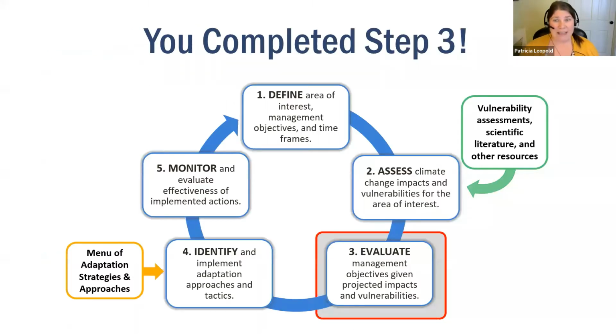So last week we covered step number 3, which was all about evaluating management objectives considering climate change. This is the step where you bring together your management goals and objectives that you identified in step 1, and then the climate change impacts that you identified in step number 2, and you think about how climate change will affect your management goals and objectives and your ability to actually reach those goals and objectives.